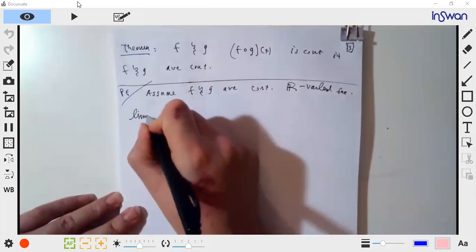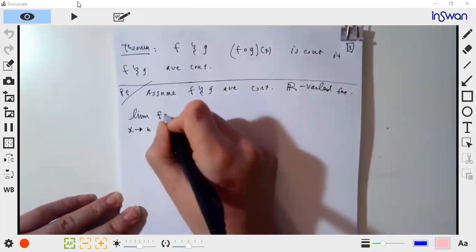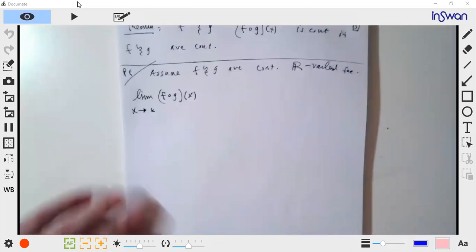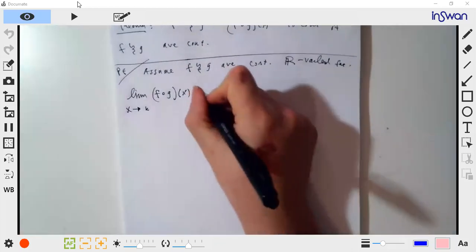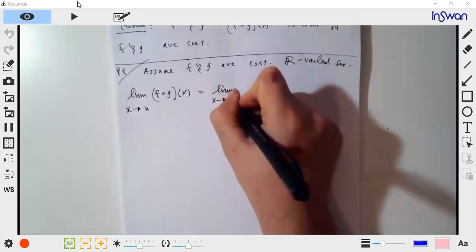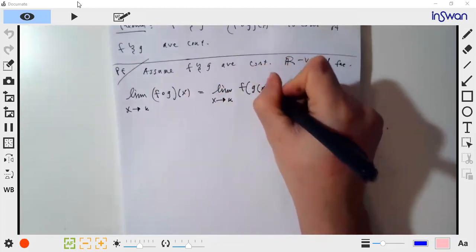We want to show that the composition of these two functions is continuous. So we have to show that this limit ends up equaling the function evaluated at k. Notice that by definition, this is equal to the limit as x approaches k of f of g of x.